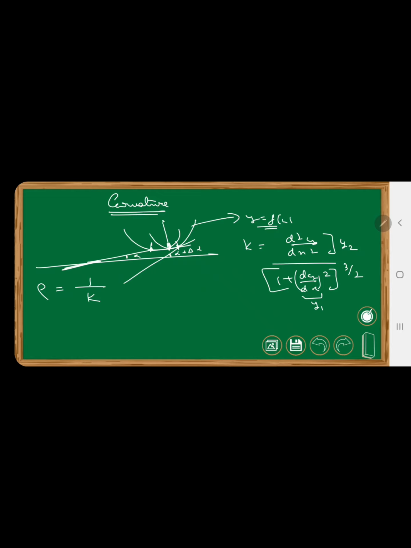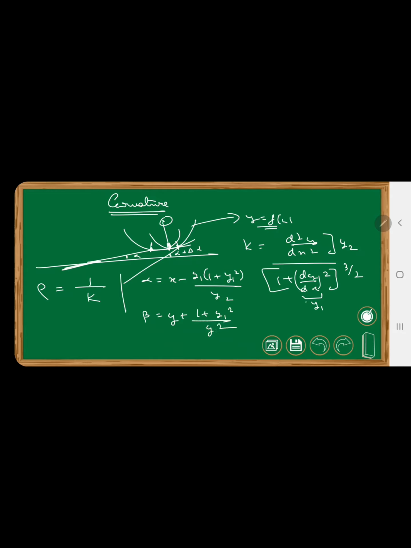Am I clear? So it's understood what the formula of radius of curvature will be. And if we are talking about the center of curvature, that is the center of this particular circle which is used to compare the curvature. If the center of curvature is (alpha, beta), then alpha is given by x minus y1 times (1 plus y1 square) over y2, and beta is given as y plus (1 plus y1 square) over y2.